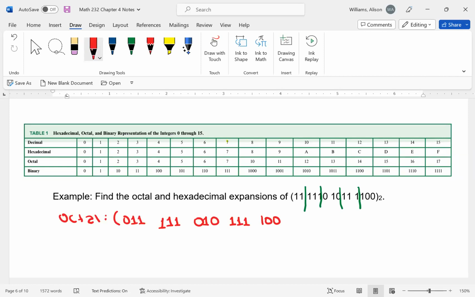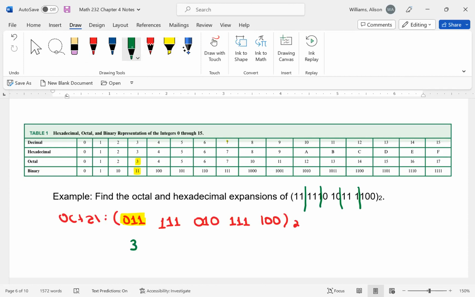Okay, so this is it written out for helping me convert to octal. I'm going to use the table above to help do this conversion. So for instance, this first group, 011, is right here in the binary column, and in octal that represents the number 3.